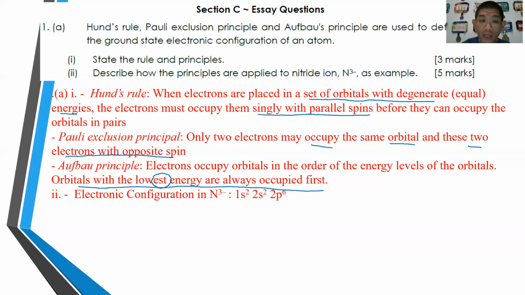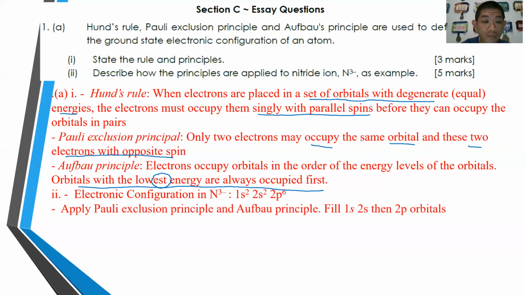So here you are going to explain like this. You first start from the Pauli exclusion principle and Aufbau. So you fill in the 1s, 2s, and 2p orbitals like this. Using the orbital energy level diagram, you are able to apply them accordingly.